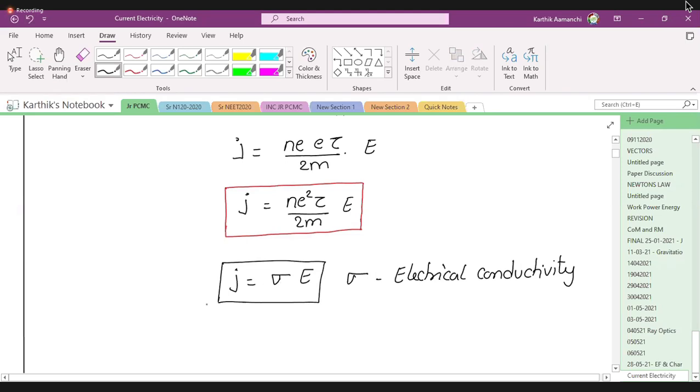Clear? Electrical conductivity, very important.